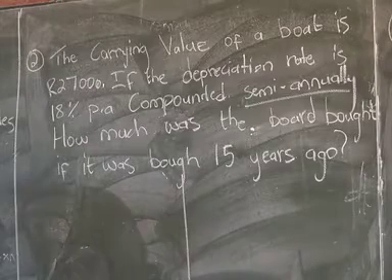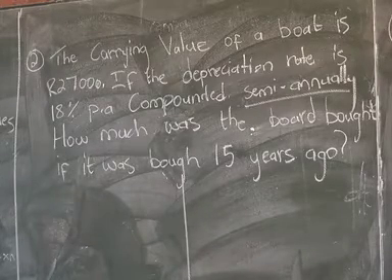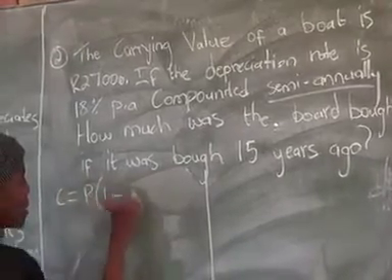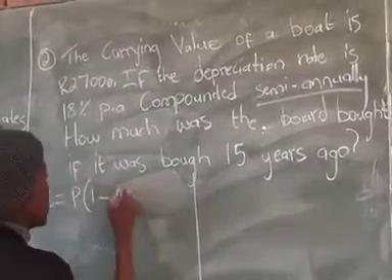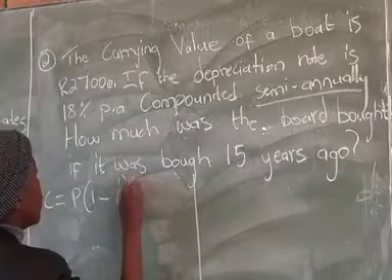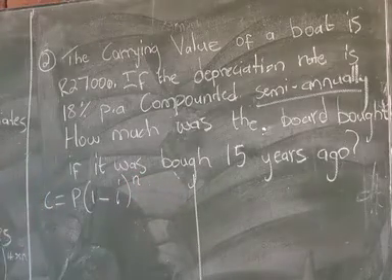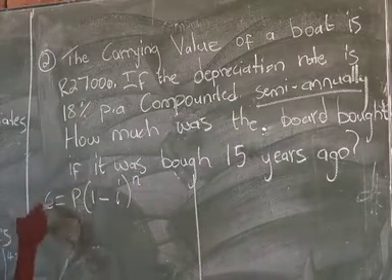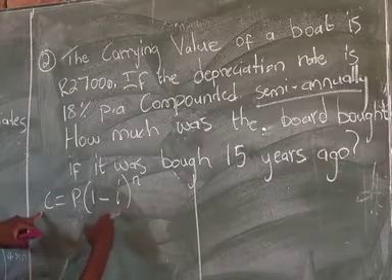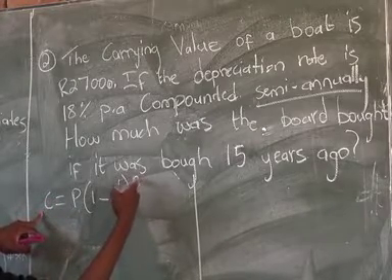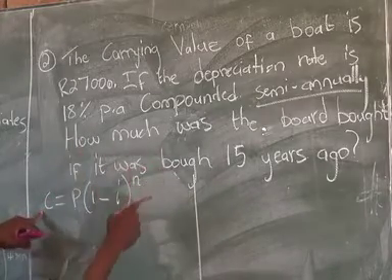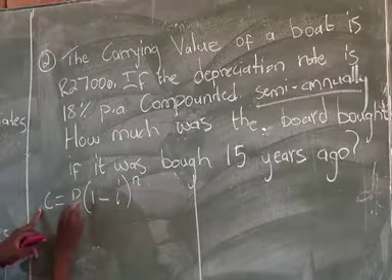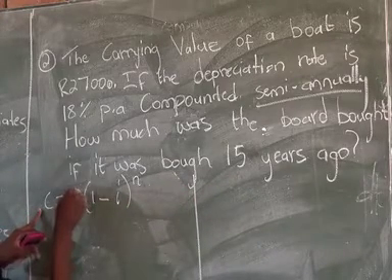So we're just going to use that compound decay formula again: C is equal to P times (1 minus i) to the power n. Here we have the carrying value, we also have the interest rate, and we also have the number of years, which is 15 years. What they need us to calculate is how much the boat was bought for, which is P, the starting value.